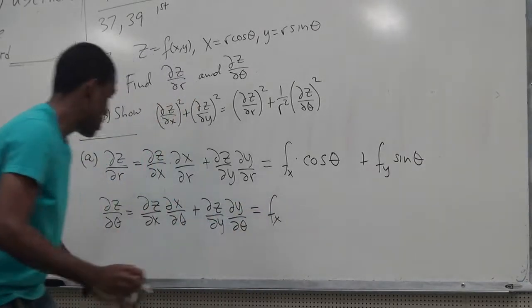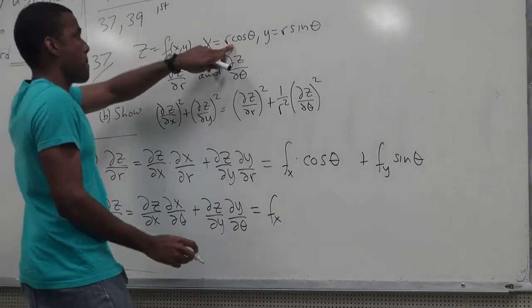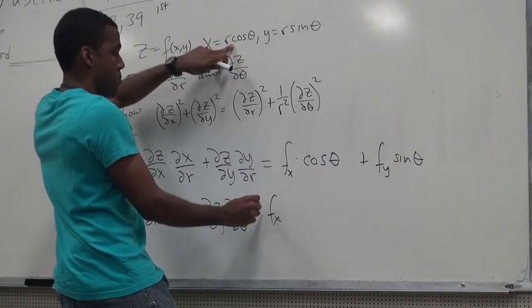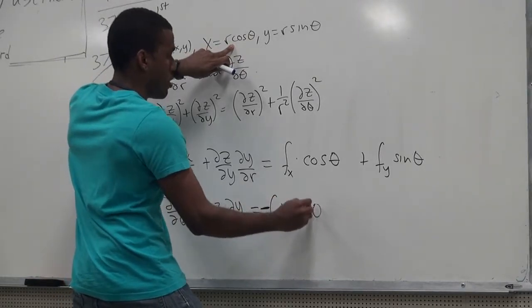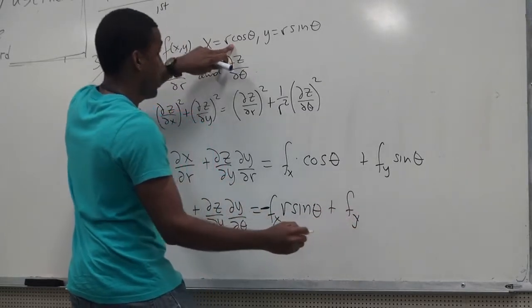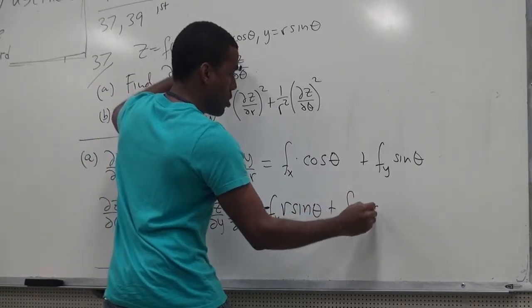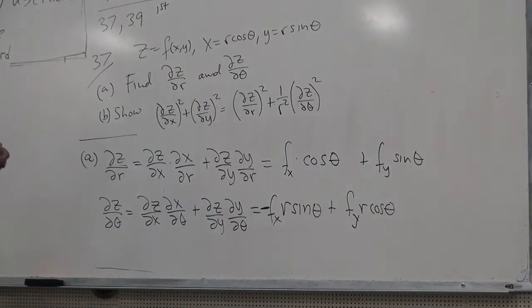And this is fx times the derivative with respect to theta here, we would get what? Minus r sine theta plus fy r cosine. And that's pretty much it.